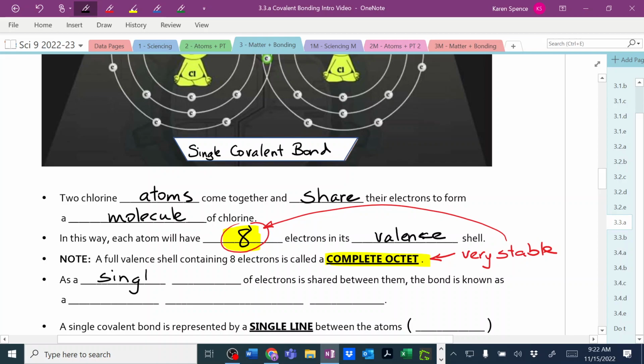As a single pair of electrons is shared between them, this bond is known as a single covalent bond. And we very often represent a single covalent bond by a single line between the atoms. So if I draw a Cl, what do I draw before I draw the next Cl?